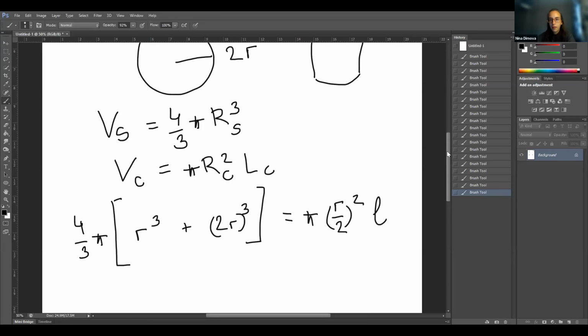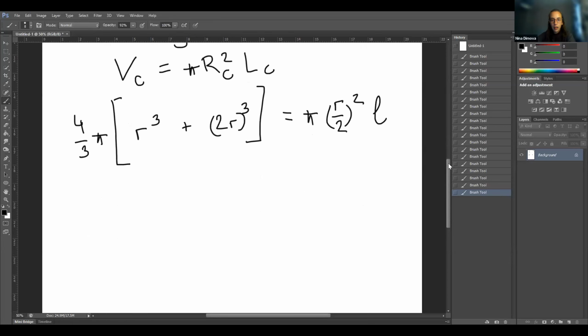So at this stage, you have set your equation and you can stop thinking about the physics and just do the maths. So don't care about pi. You have that 4/3. So this would be 1 plus 8, 9, r to the third equals 1/4 r squared times L. So I won't write out everything, but you can see that in this equation you have numbers, you have r to the third, r to the second.